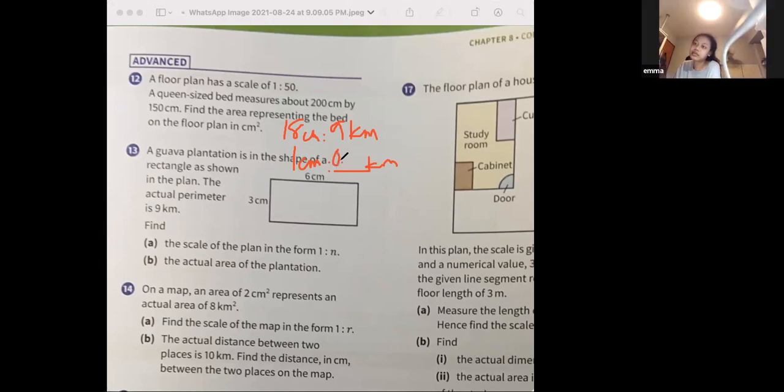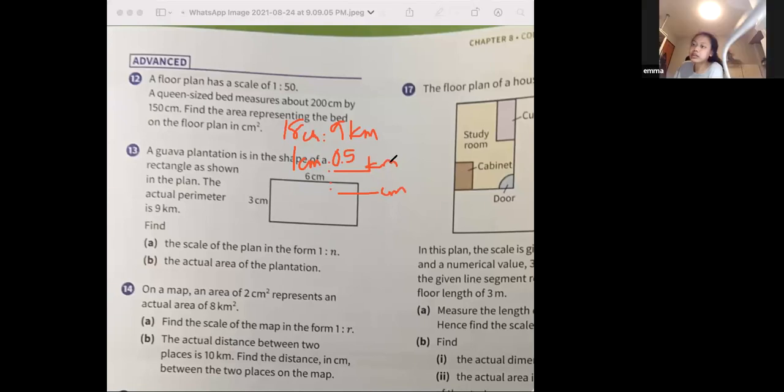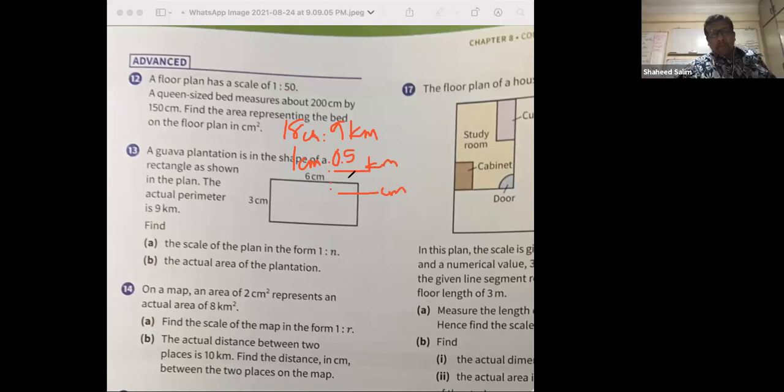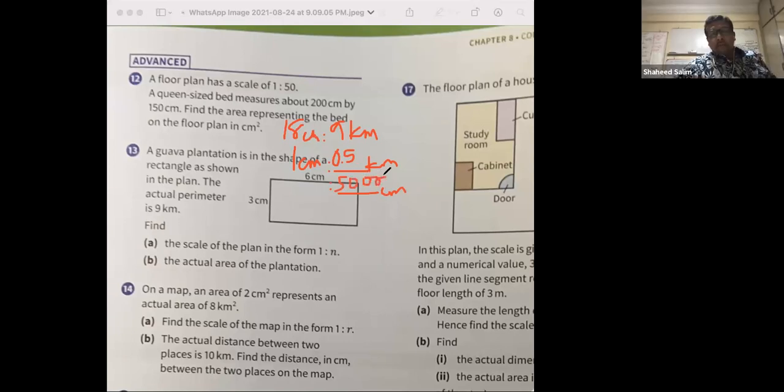Okay, good. And now you have to change it to cm. Remember 1 km is how many cm? 100,000. So half a km is how many cm? 50,000. We put 50,000 here. So it's 1 to 50,000. That's your answer for the first one.